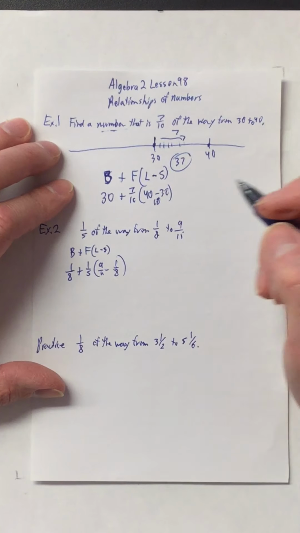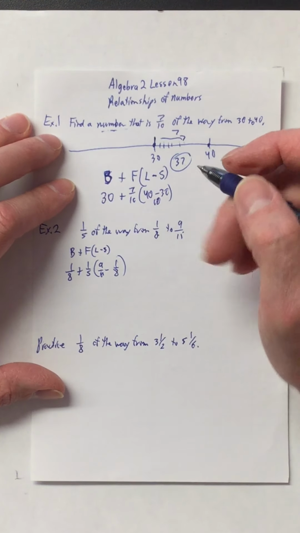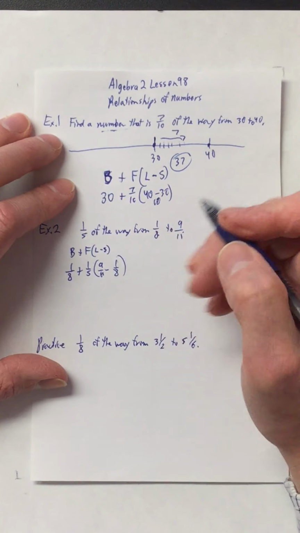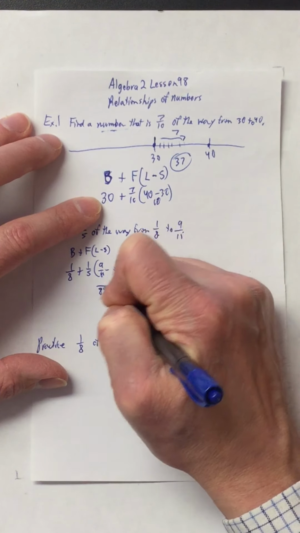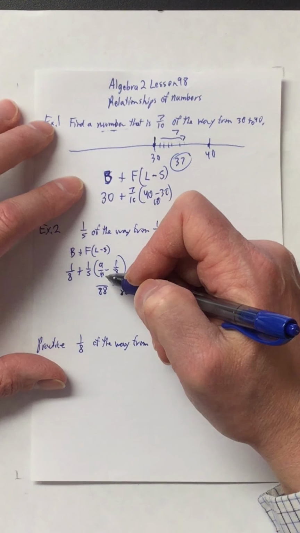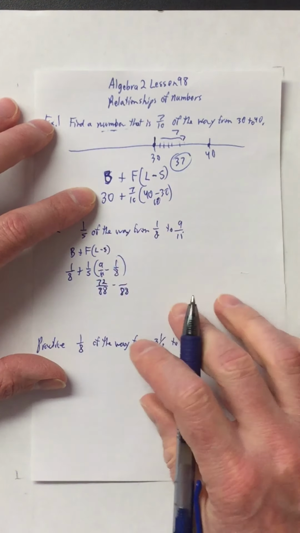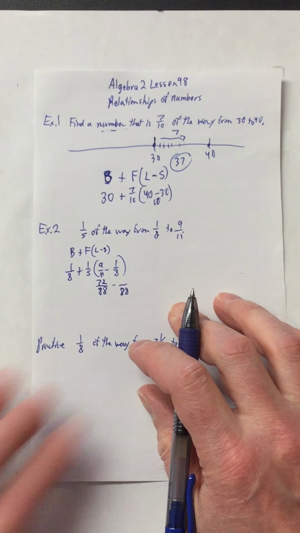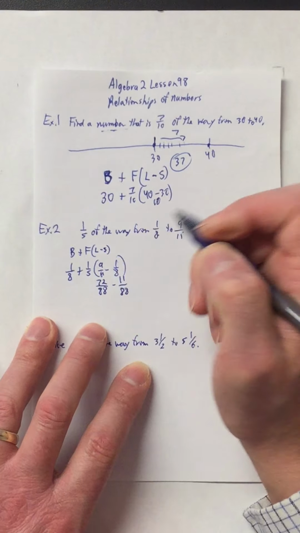Okay, so to do this, first let's combine what's in the parentheses. So get a common denominator. My common denominator is going to be 88. Okay, so 11 goes into 88 8 times. So then 9 times 8 equals 72. So I get 72 over 88, and then 8 goes into 88 11 times. 1 times 11 is 11.